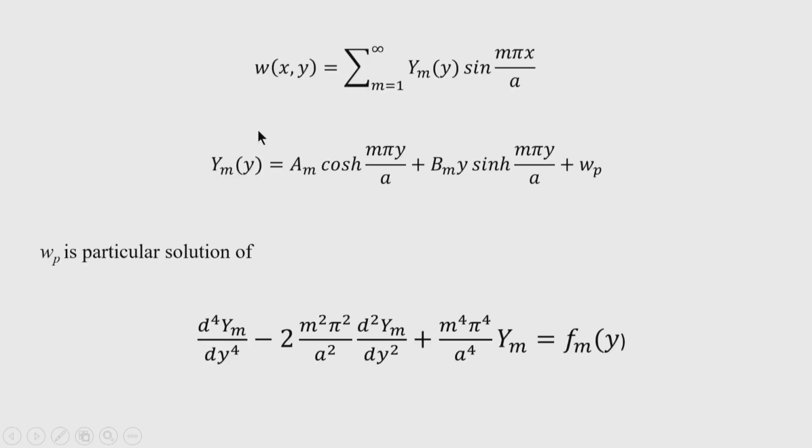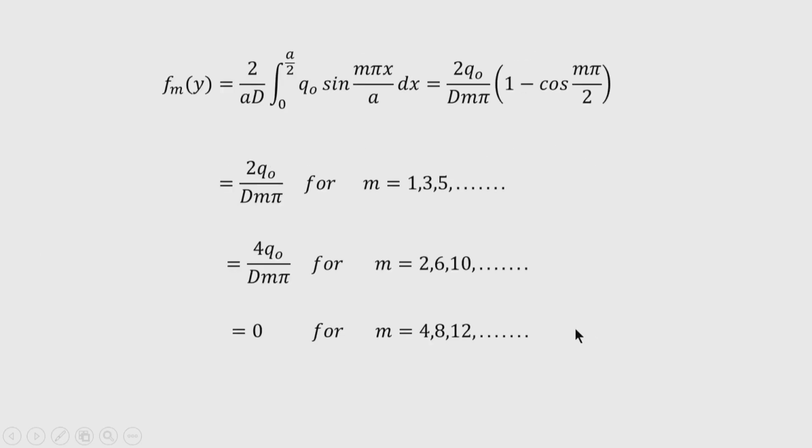Okay. So, for the above cases W_p is obtained as follows: since this f_m(y) function is again a constant, we can assume that the particular solution is also constant. So, substituting the particular integral as constant in this differential equation, you can see this term has no significance, this term has also no significance, only here m to the power 4 pi to the power 4 divided by a to the power 4 times some constant, which is the particular integral W_p equal to this term that we have evaluated.